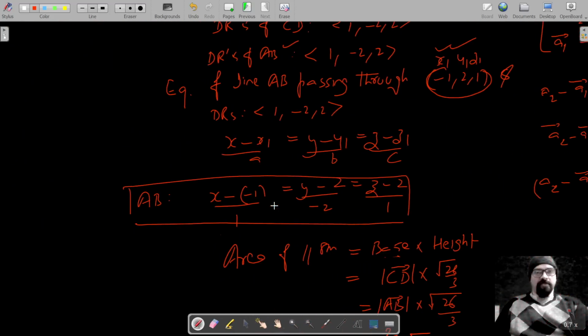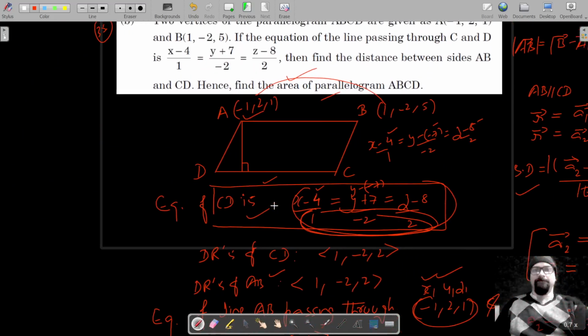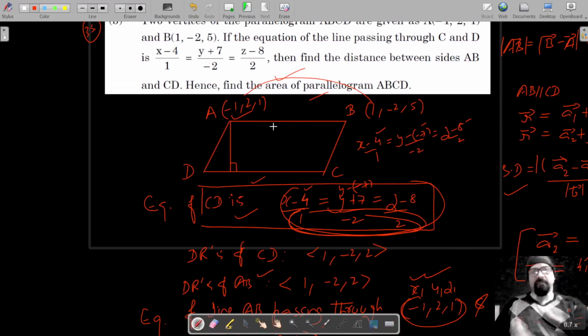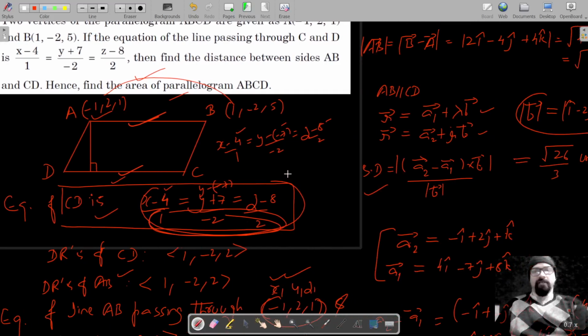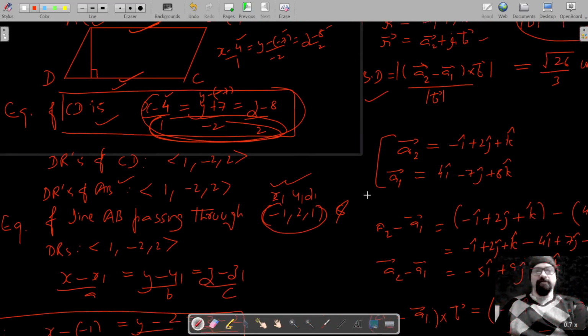So what we have done here is we found the equations of AB and CD and got the position vectors in the Cartesian form.